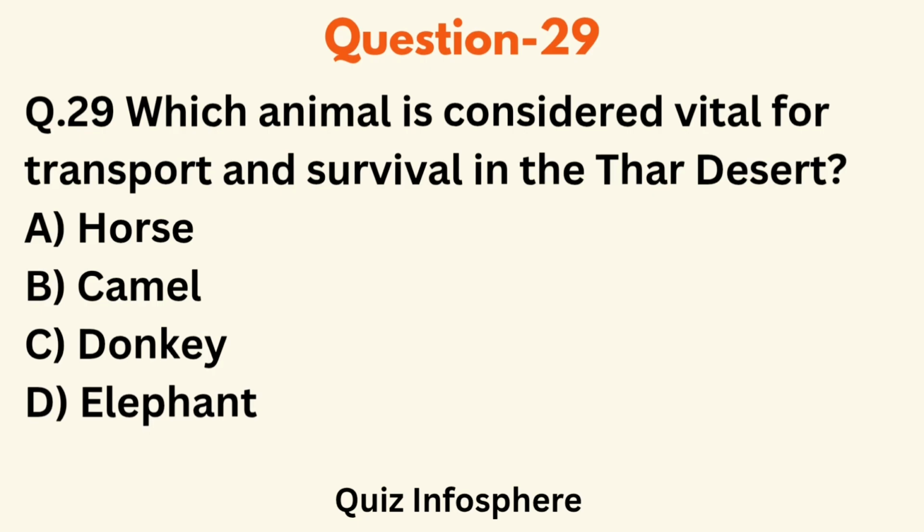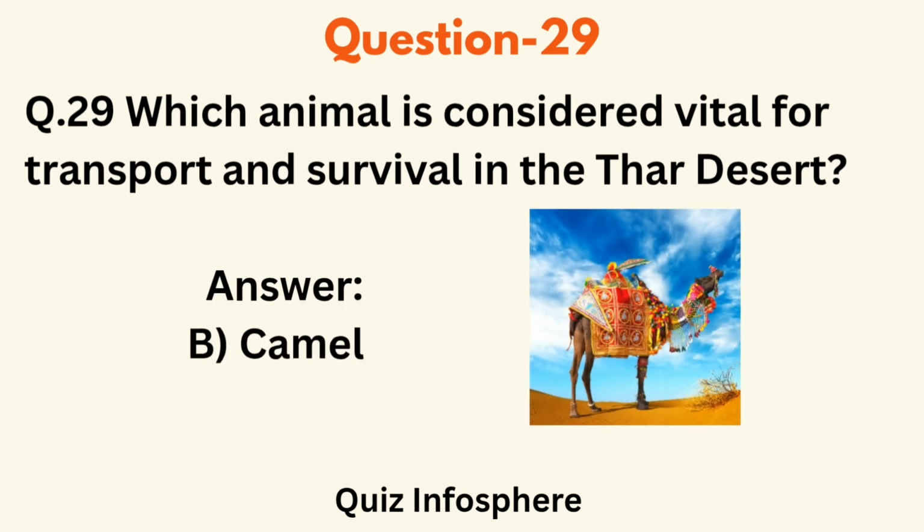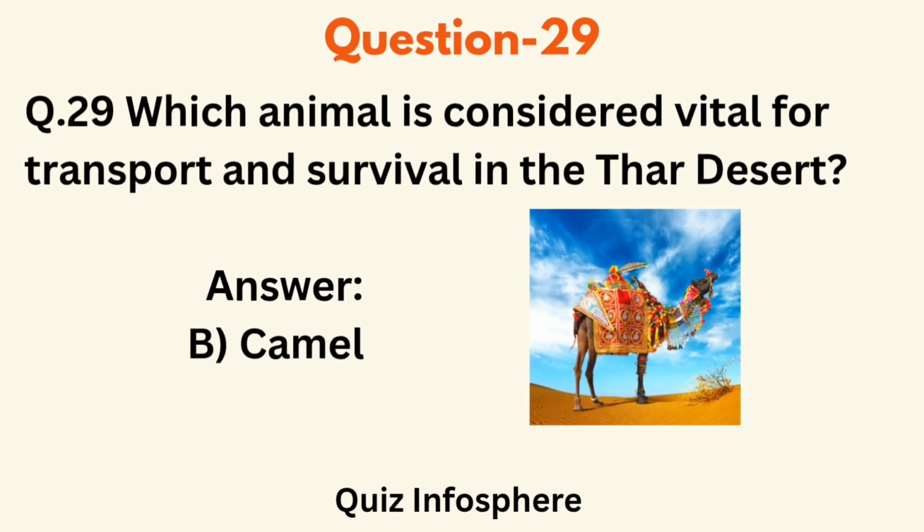Question 29. Which animal is considered vital for transport and survival in the Thar desert? Horse, camel, donkey, elephant. The correct answer is option B, camel.